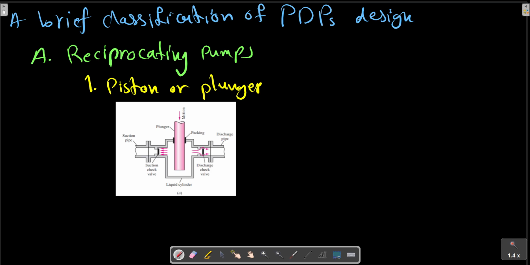The second type of reciprocating pump is a diaphragm pump.